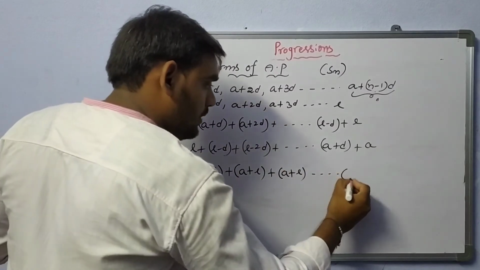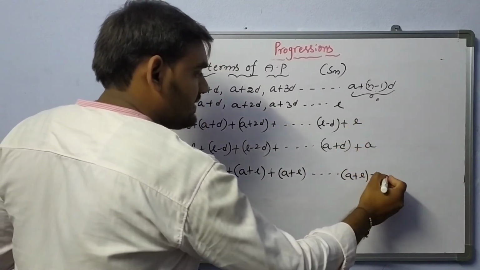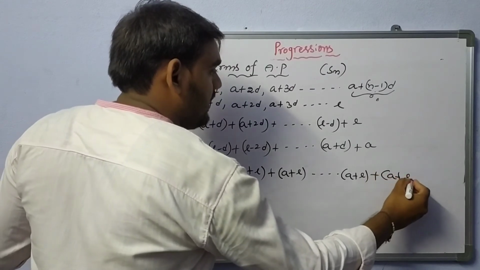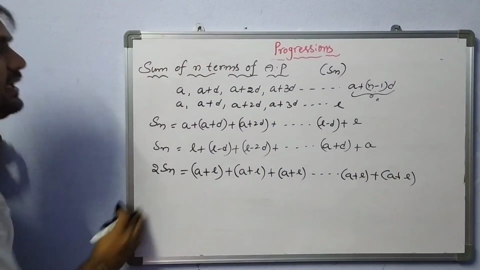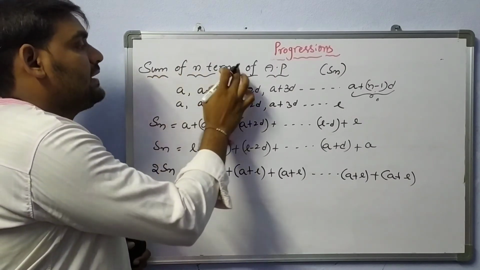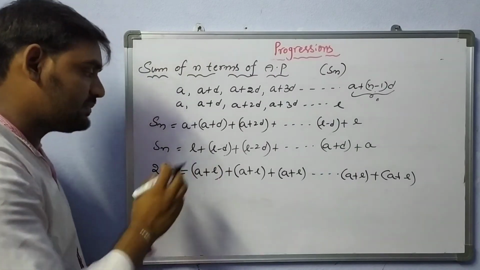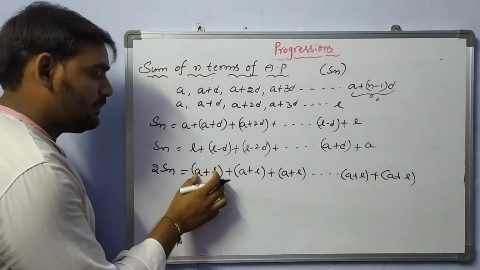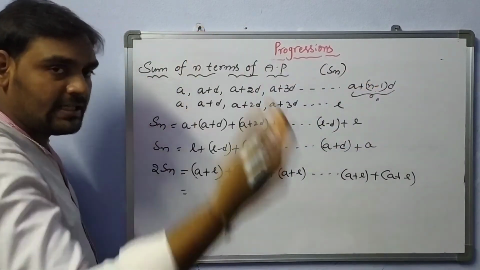L plus a is nothing but a plus L. See how many a plus L terms are here. This is the sum of n terms. So we will get n number of a plus L terms here. So a plus L plus a plus L plus a plus L and so on, n times we will get.